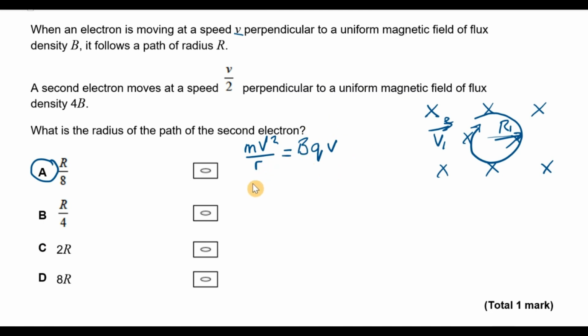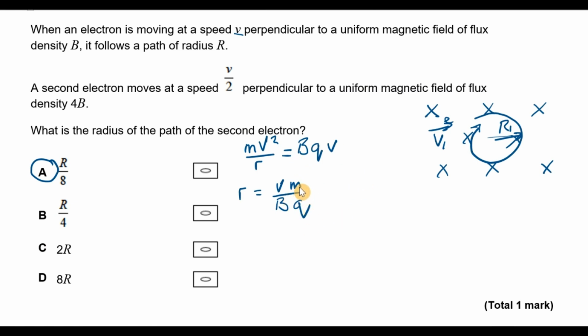So I can come up with an equation for the radius, and the radius is going to be equal to the velocity times the mass of the electron over the magnetic field strength multiplied by the charge on the electron.